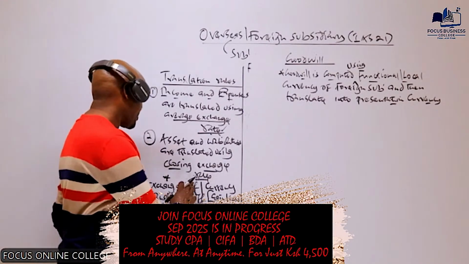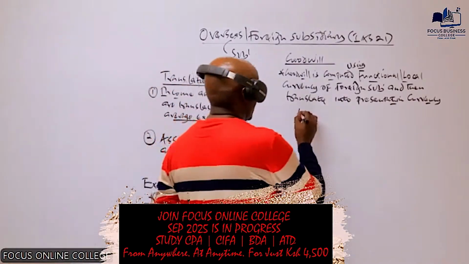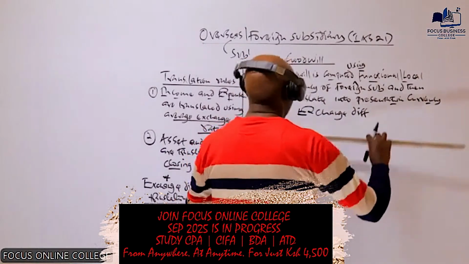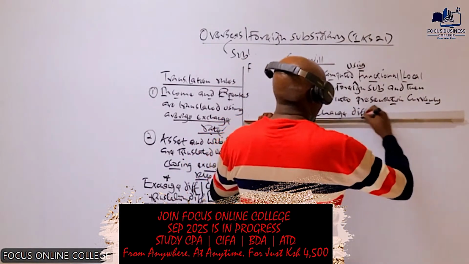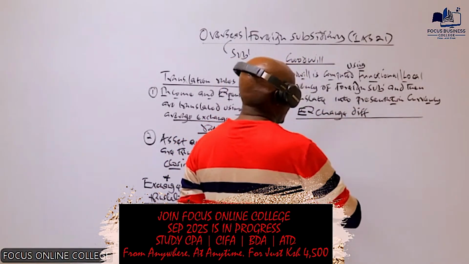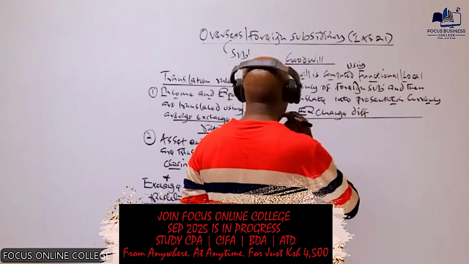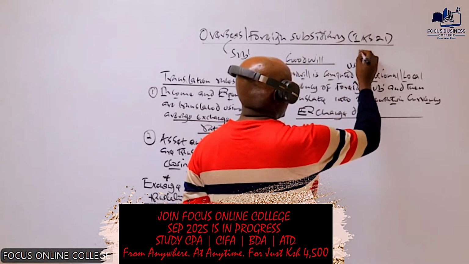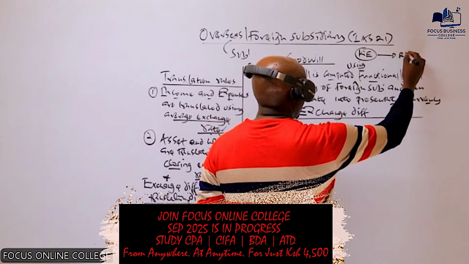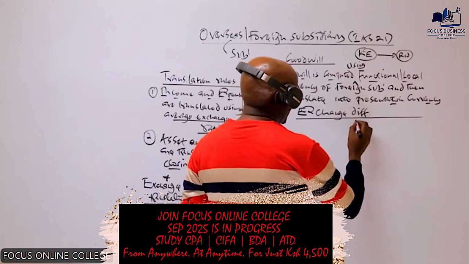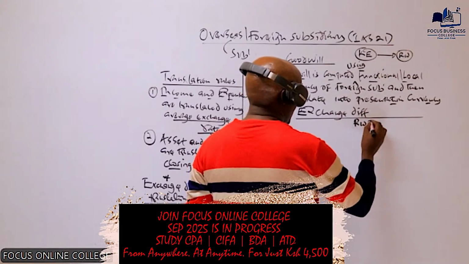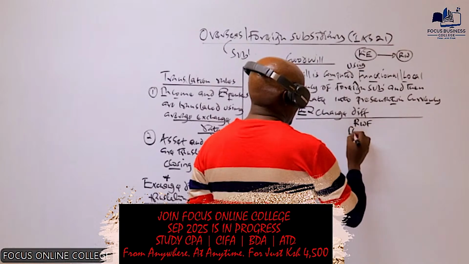How do we compute that exchange difference? I want us to look at how we compute the exchange difference arising from the translation of goodwill. For us to look at how we determine this, we need a number of columns here. In this case, I will assume our parent company operates in Kenya, but the foreign subsidiary operates in Rwanda. So here we have the local currency of the foreign subsidiary, assuming it is Rwandan franc.